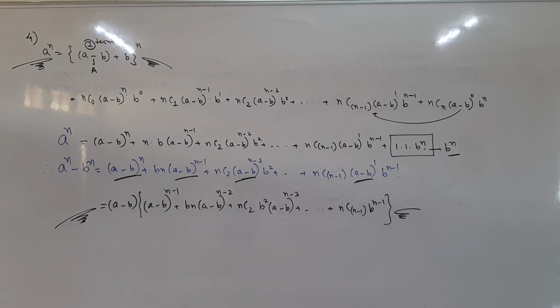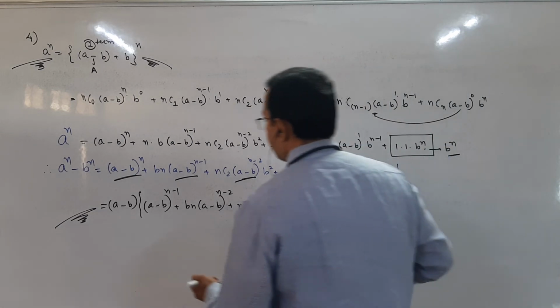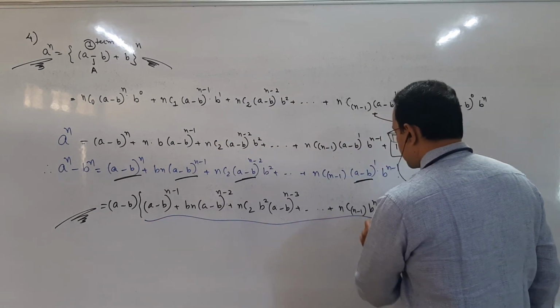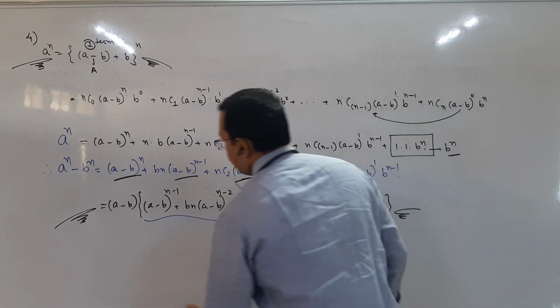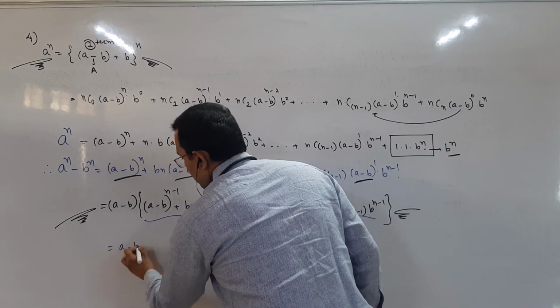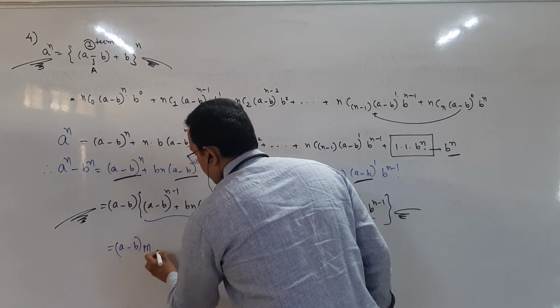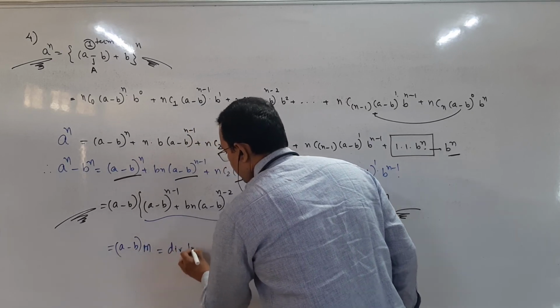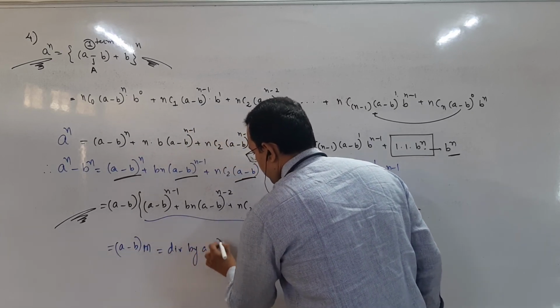Now, the bracket, I am supposing that the simplification of this bracket is n. This is an answer which is n. So this is a minus b into n, and this is divisible by a minus b.